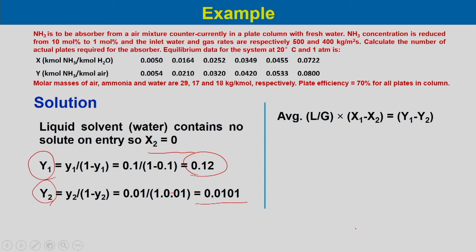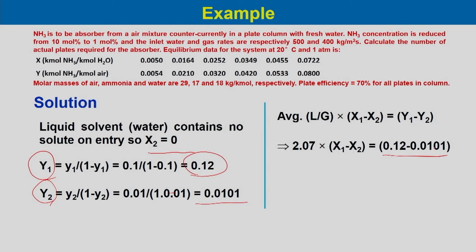Now, average L by G into X1 minus X2 would be equal to Y1 minus Y2. This is from the species mole balance. If we substitute average L by G, which is 2.07, into X1 minus X2, it would be equal to 0.12 minus 0.0101.